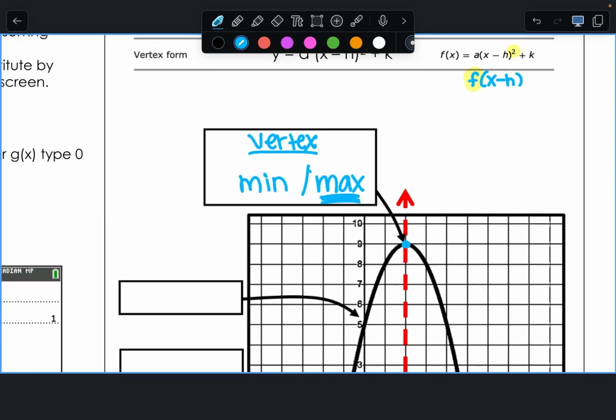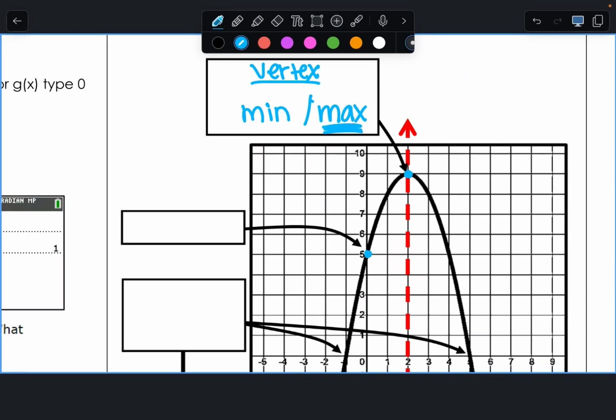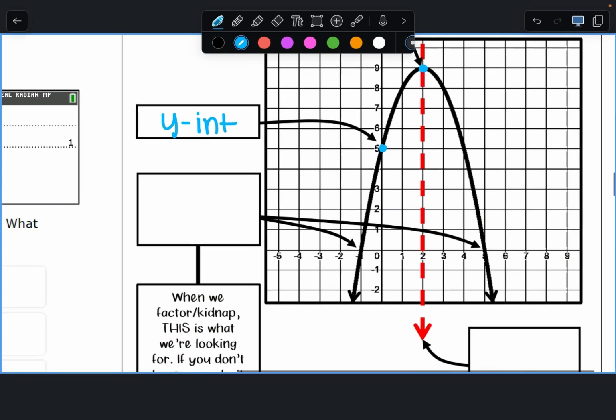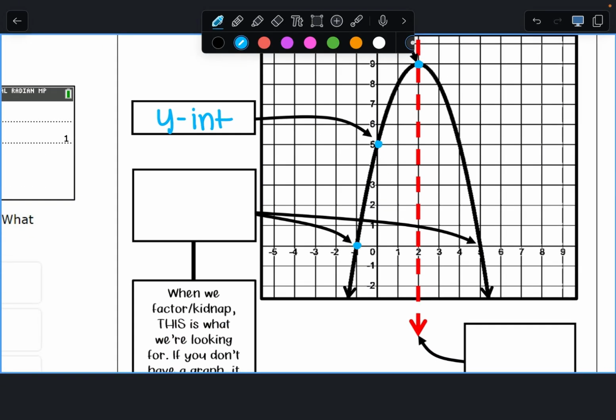The next point is pointing to what? Your y-intercept, your starting point, initial value, whatever. The next 2 are pointing to your x-intercepts, which are known as your zeros, your solutions, your roots, okay?